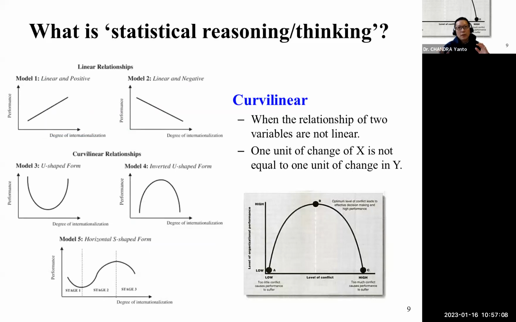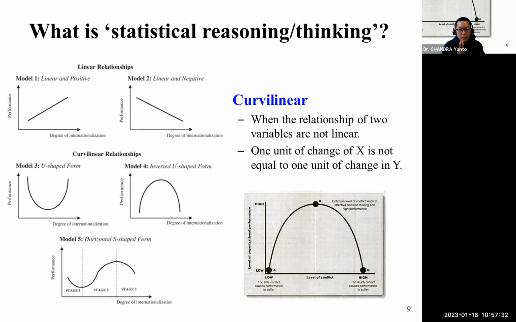And then we talk about something linear, something non-linear. The previous example that I showed is something linear, right? For example, you study harder, you're going to get better results. So that is linear, which means that if one goes up, the other variable also goes up.